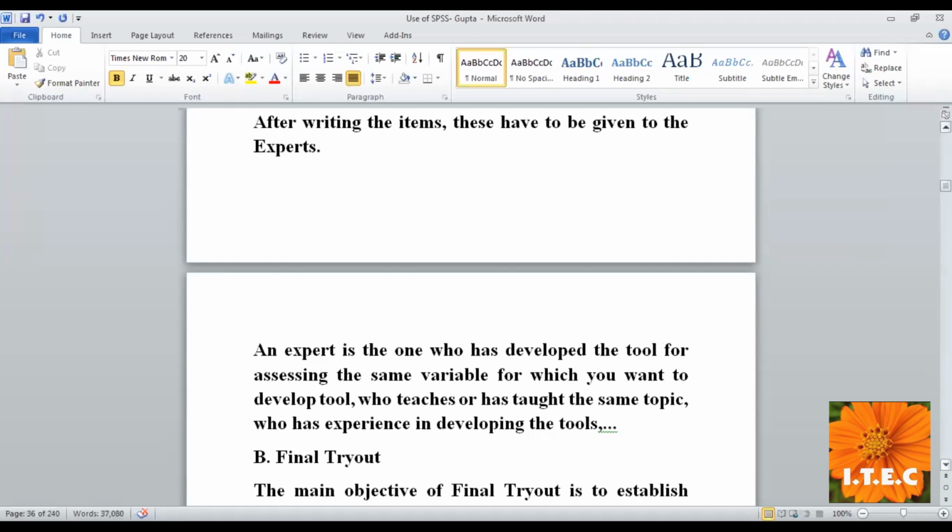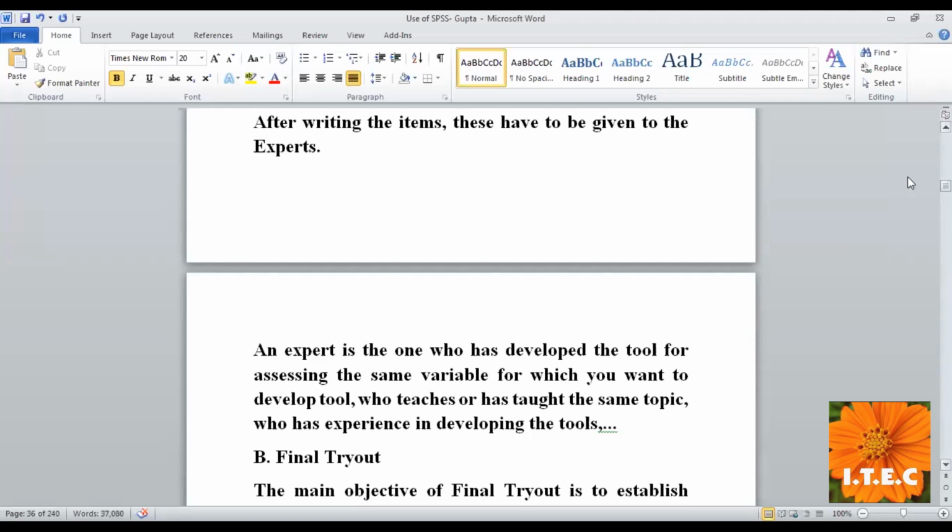So sometimes you may have to give the request not once, but many a time. So therefore you have to do it. Now, once you get back the responses from the experts, then take the first item and see.